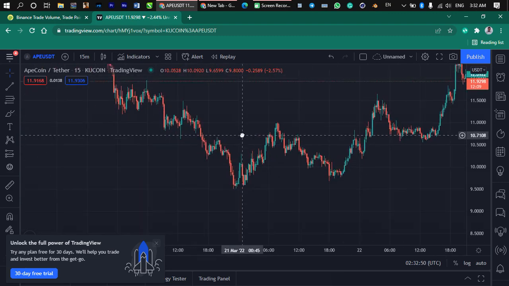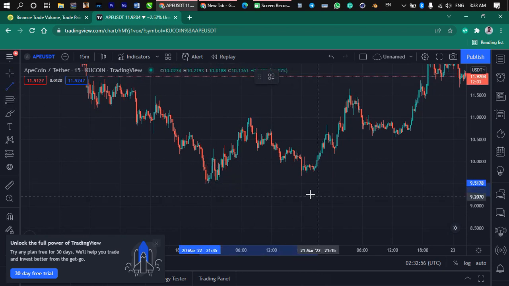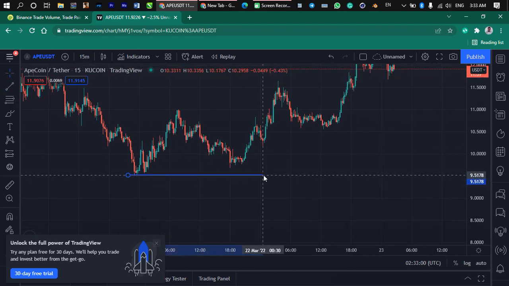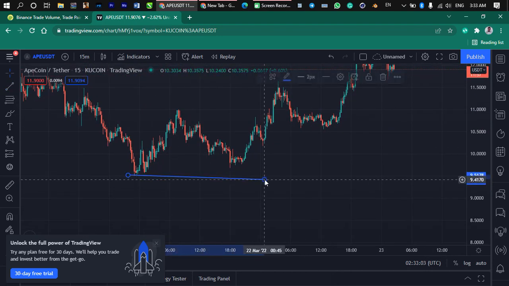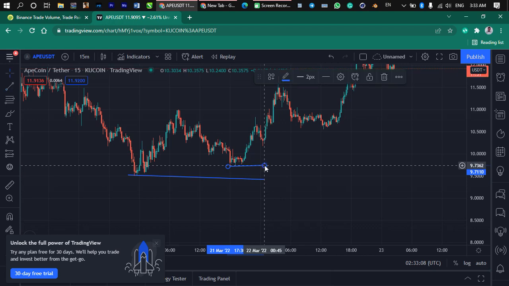Higher high and higher low. Let me use this place as an example. Consider that this low is lower than this low. This is a low.